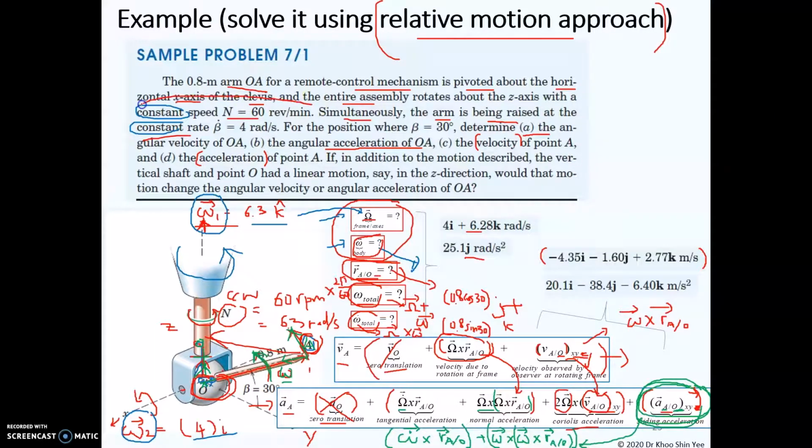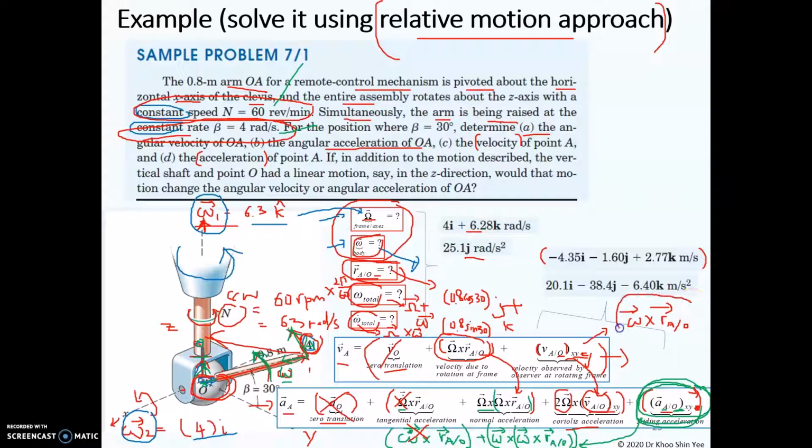Since the Ω and the omega have constant angular velocity for the frame and the body, therefore the Ω dot and the omega dot, which is the angular acceleration for the frame and the body, will be equal to 0. So these two acceleration components can be cancelled.